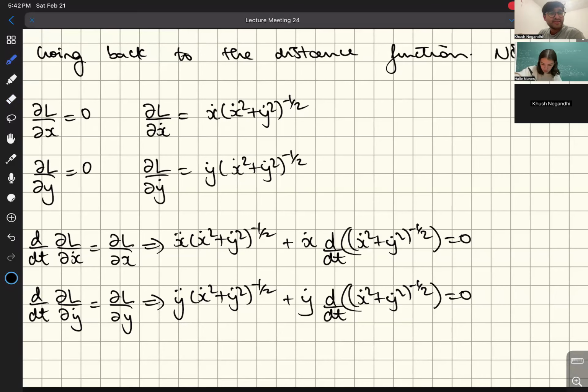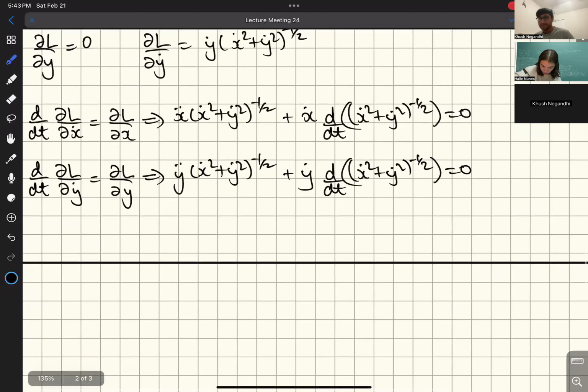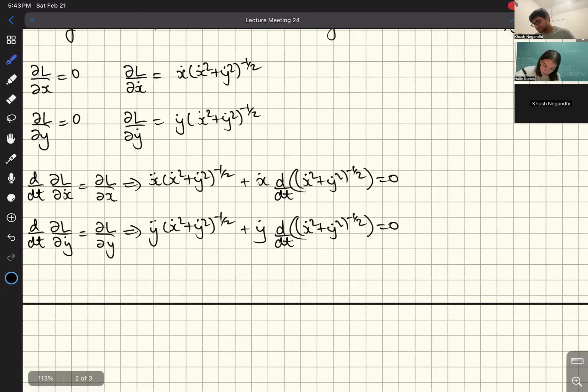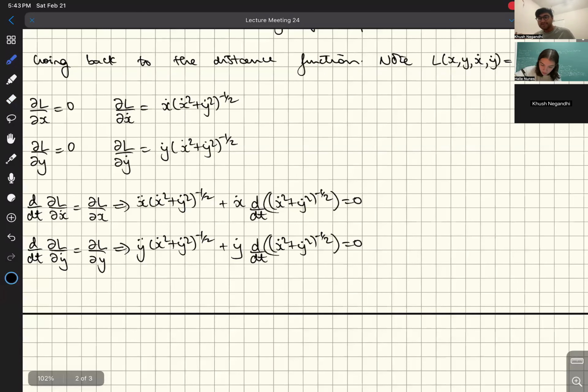Now this looks absolutely painful to solve. But again, we're hoping that straight lines are solutions, and we're going to use a very nice theorem from ODEs, Picard-Lindelof.